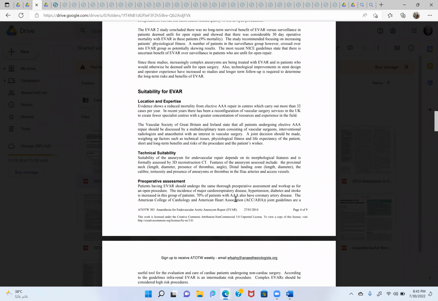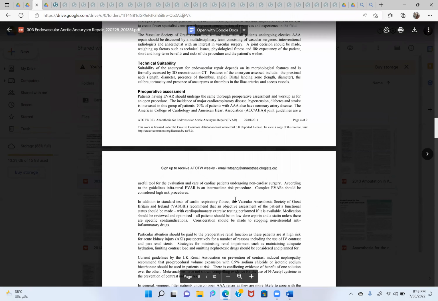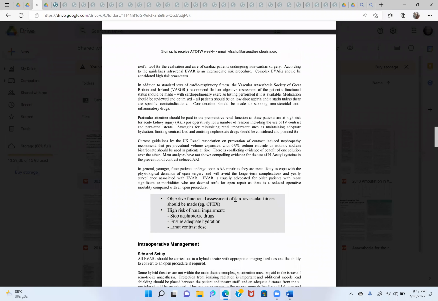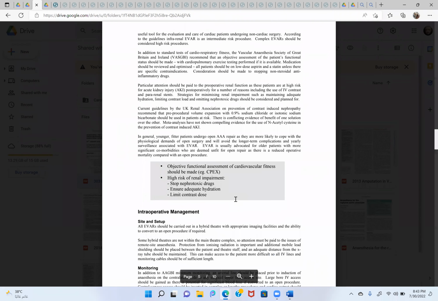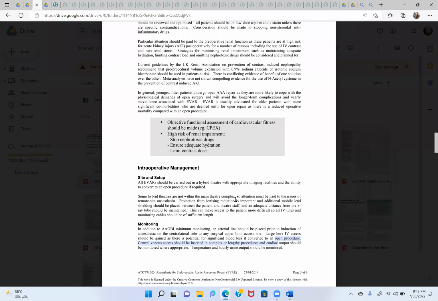They have some criteria for which patient is more suitable for endovascular and which for open. Usually they are not asking you about the decision, because the morbidity will be less if you are doing endovascular. So your concern is to protect the spinal cord.